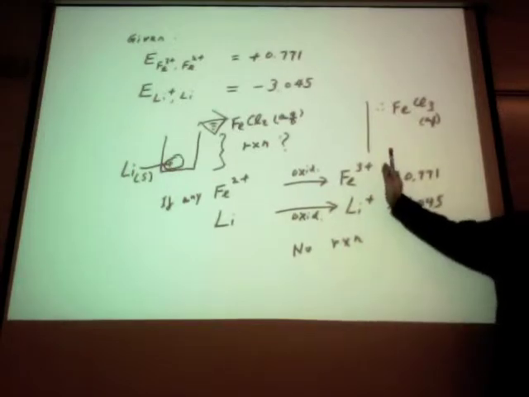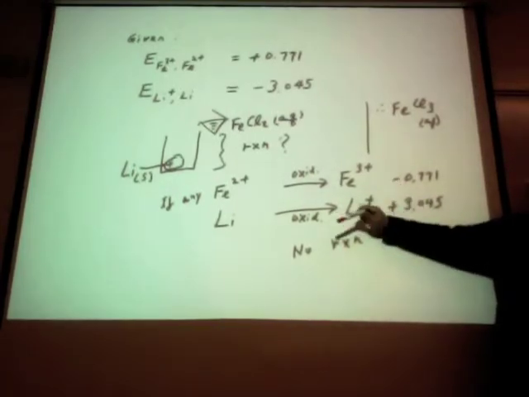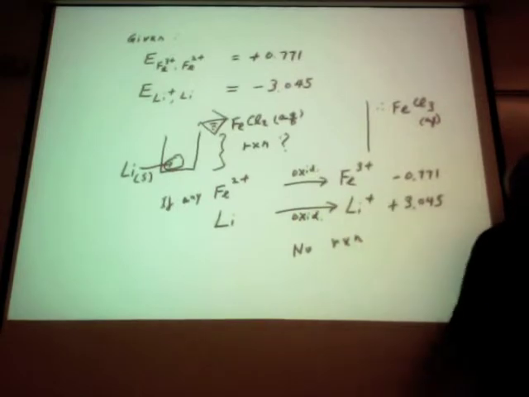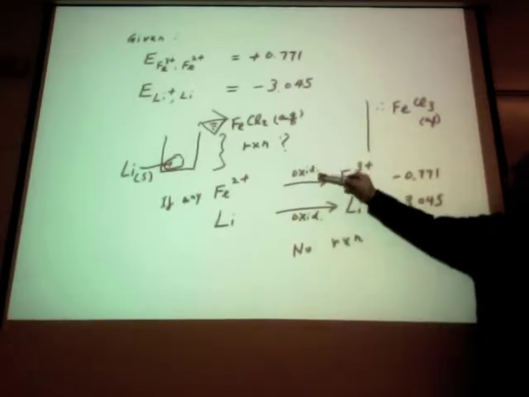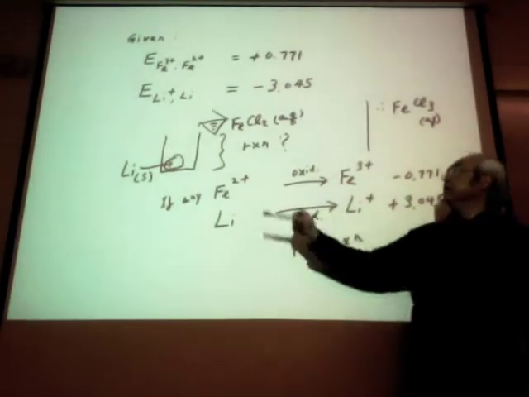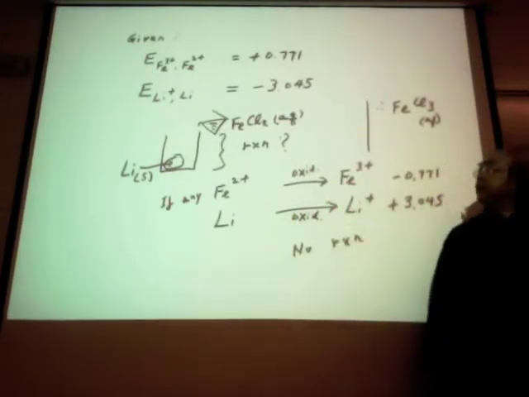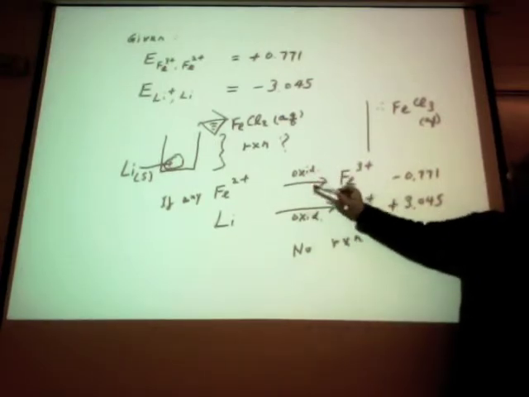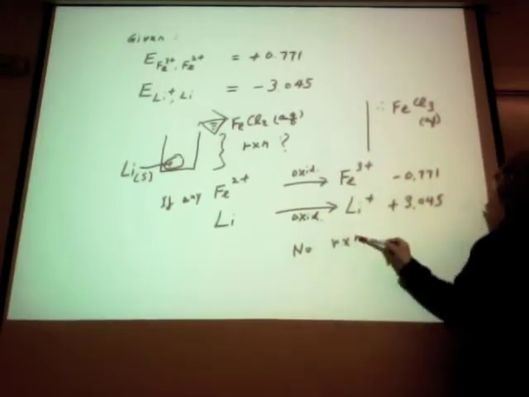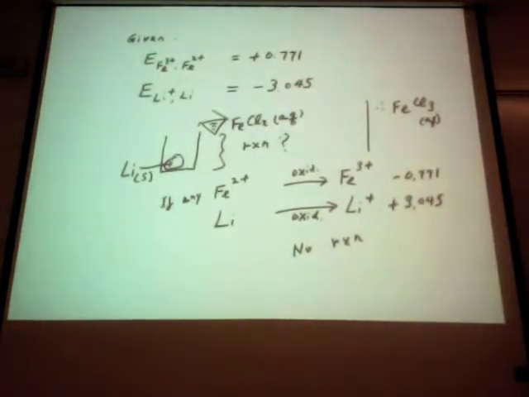Okay, so the buck stops here. You cannot have 2 oxidation reactions. So you say, okay, something happens, then it's going to be like this. If anything happens, it's going to be like this. But you cannot have two oxidation half reactions. Therefore, no half reaction, no complete reaction. Yes?